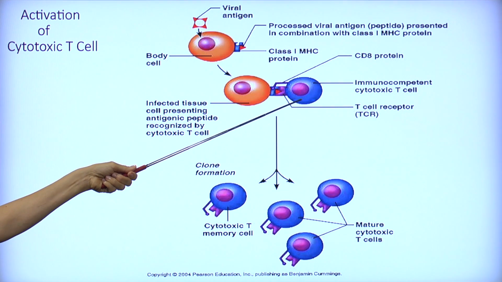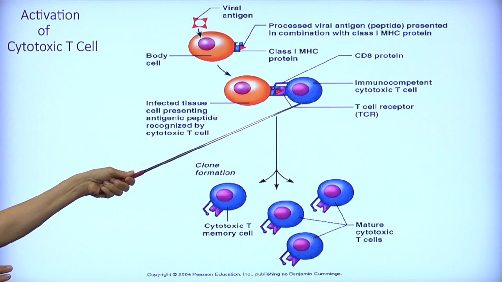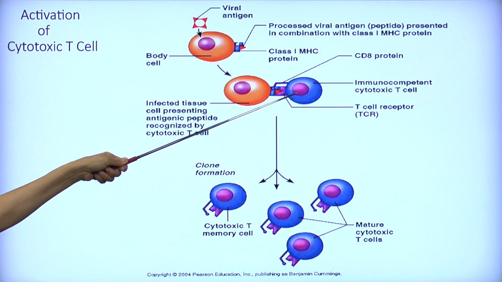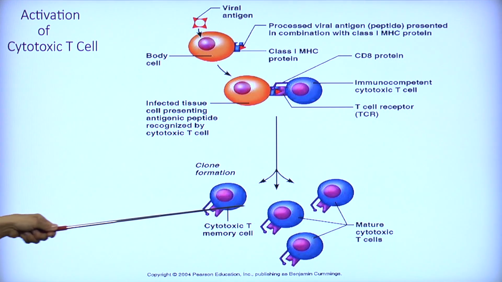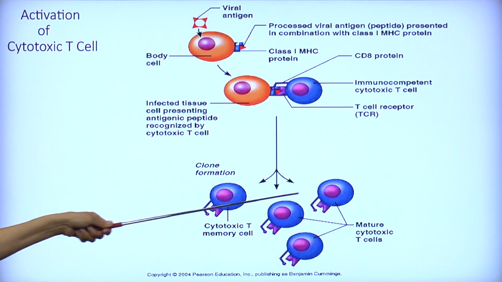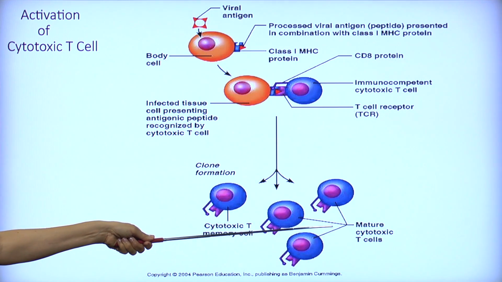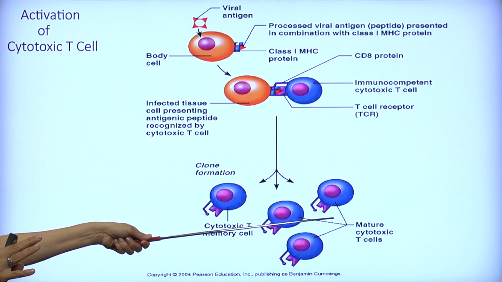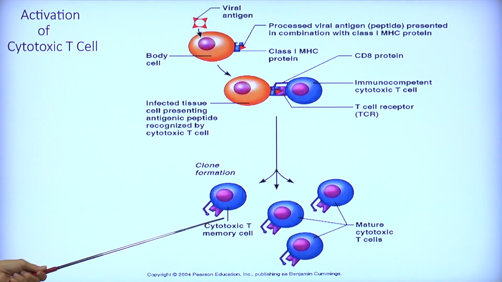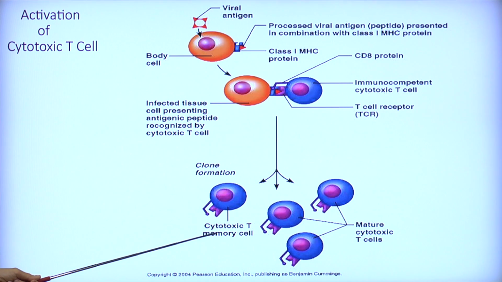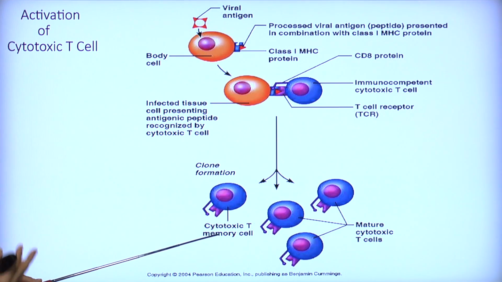Once it receives this signaling or co-stimulation, the cytotoxic T cell is going to multiply, divide, and be activated, and now it has the ability of actually destroying cells. We're going to look at this in a minute. Some of those cells are going to become memory T cells for the incoming attack.